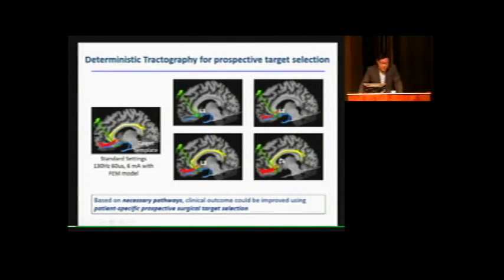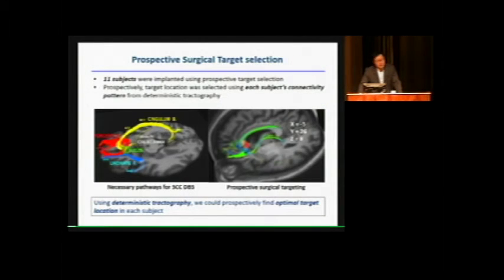So based on the necessary pathway, clinical outcome could be improved using patient-specific prospective surgical target selection. We did that for 11 subjects. Before surgery, we do the deterministic tractography to find the optimal location, as here.